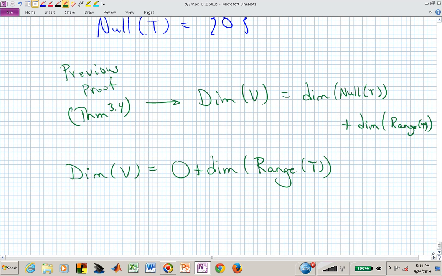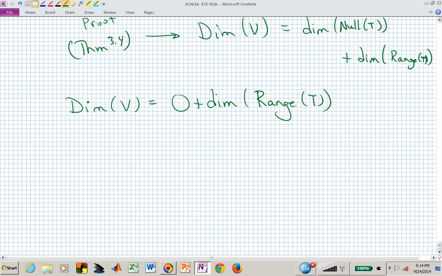But what is the range of T if it has the same dimension as V? It has to be n.